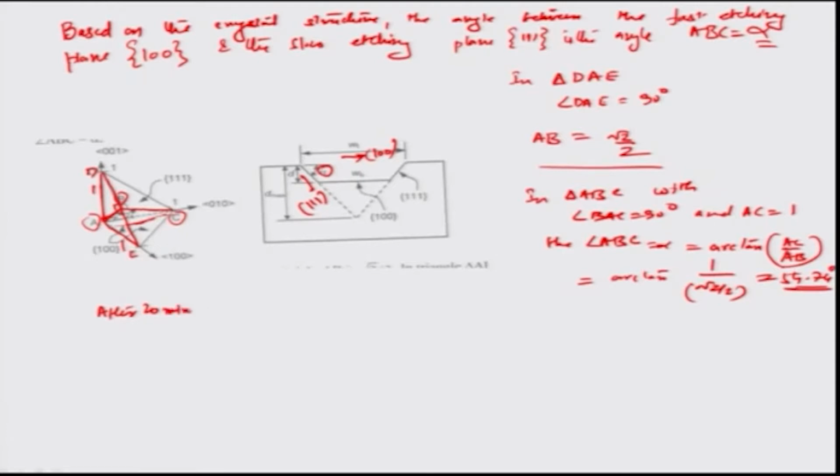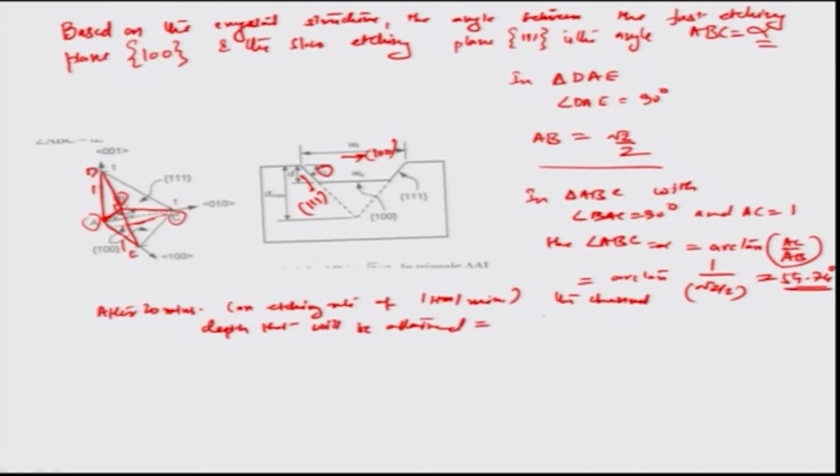So after 20 minutes, corresponding to an etching rate of 1 micron per minute, the channel depth that will be obtained is around 20 microns, okay, 20 times 1 micron per minute.